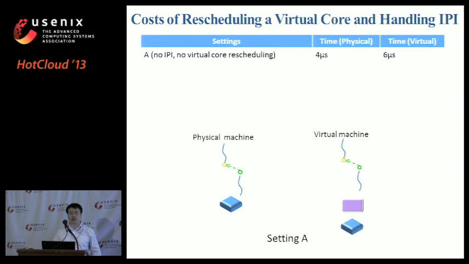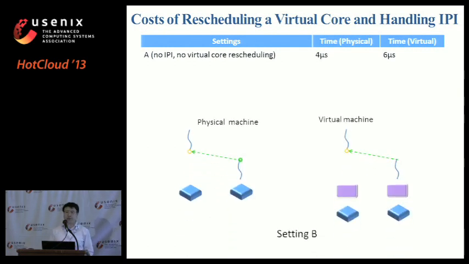At the same time, the virtual core is kept active, so we don't need to pay the cost of rescheduling the virtual core. So in this setting, waking up the thread incurs the least overhead. It takes 4 microseconds to wake up a thread on a physical machine and 6 microseconds on a virtual machine. So the difference is not that large.